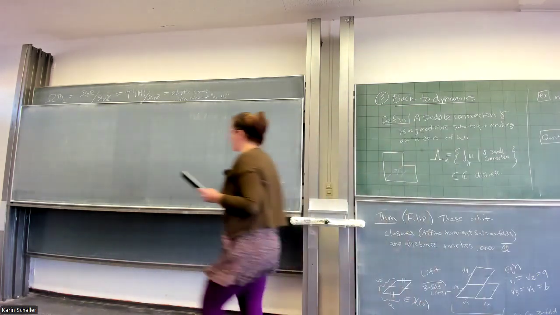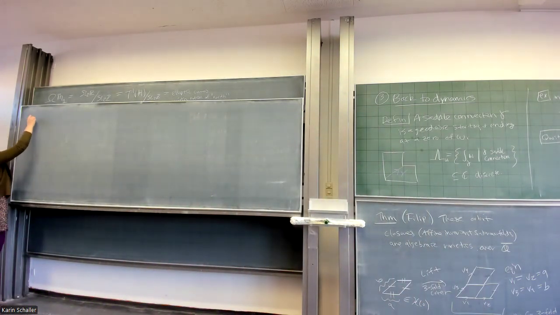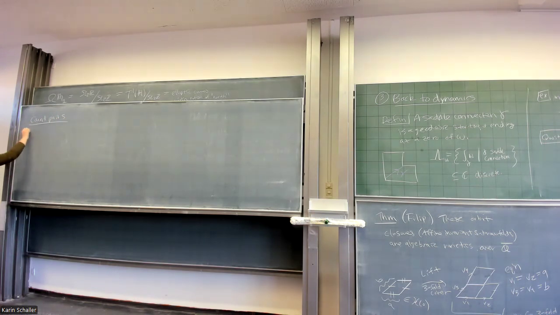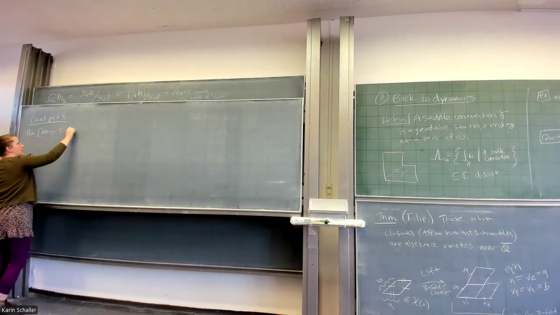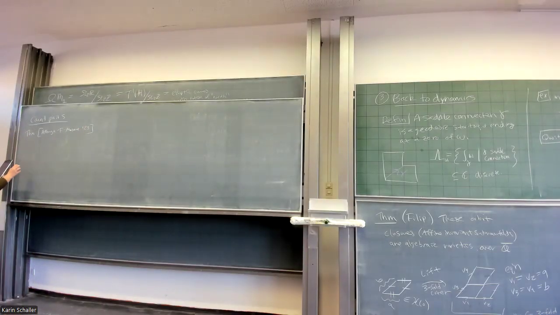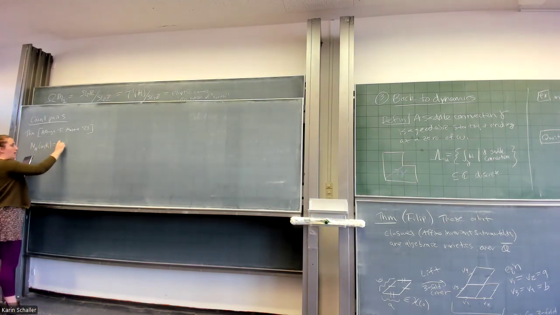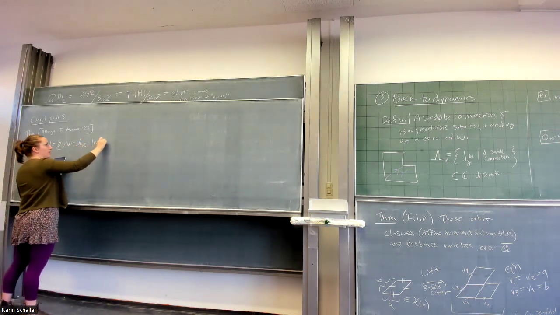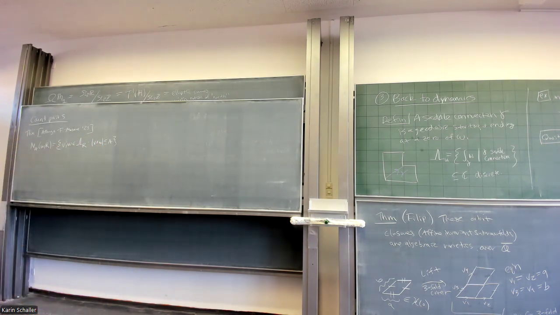For example, when I want to count pairs, there's a result with Freya Mazer, 23, I think, maybe 24, I don't know, where we say, okay, let's say I want to count the set of all vectors (v, w) in these saddle connections where v wedge w is less than or equal to A. So I want to take vectors where the area of the parallelepiped that they make is less than A.